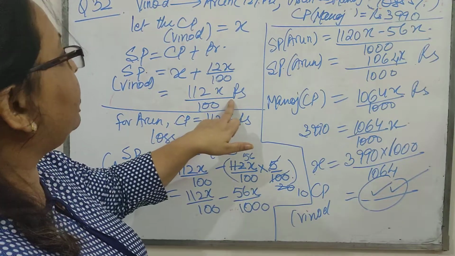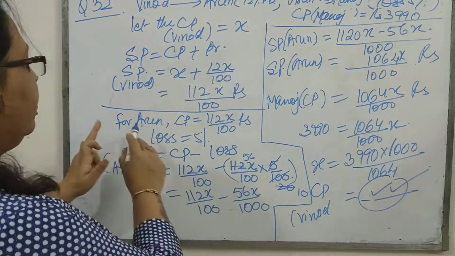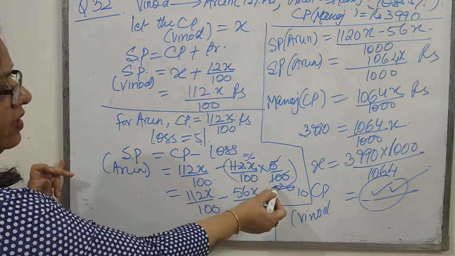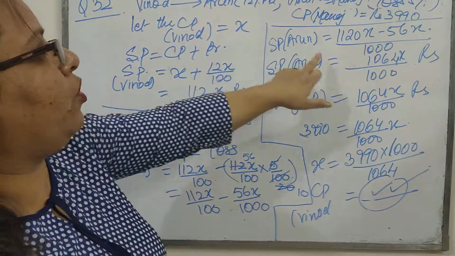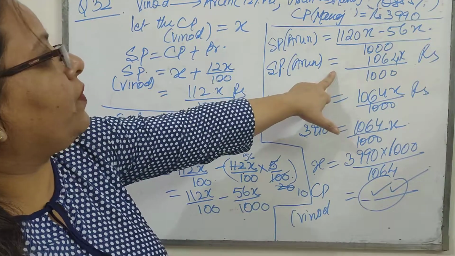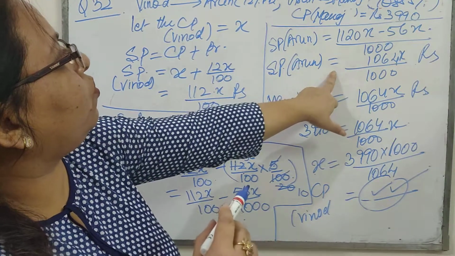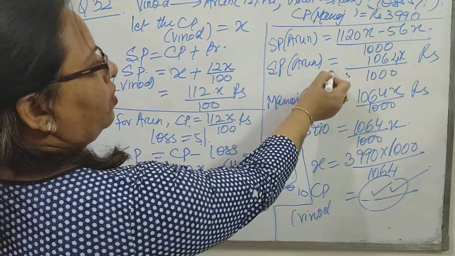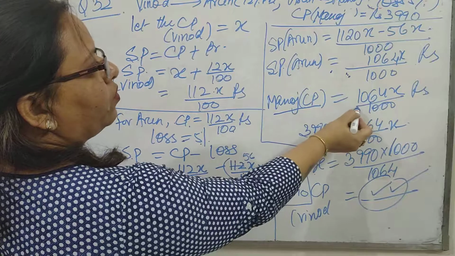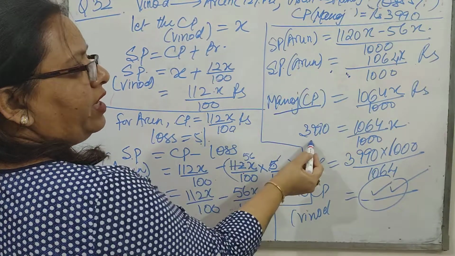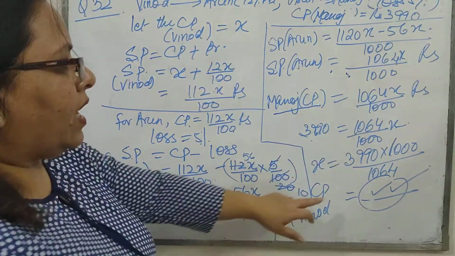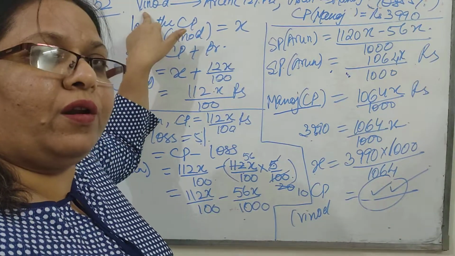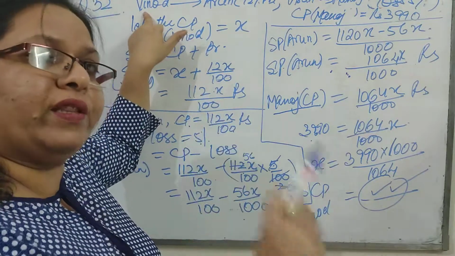So SP of Vinod is the CP of Arun. So CP of Arun is this, loss is 5%. So we calculated 5% and we got the SP of Arun. Now Arun has further sold it to Manoj. So this is the selling price for Arun and cost price for Manoj. But Manoj's cost price is already given to us. So we put the value and we found X, that is the cost price, so we know how much he bought it for in the beginning.